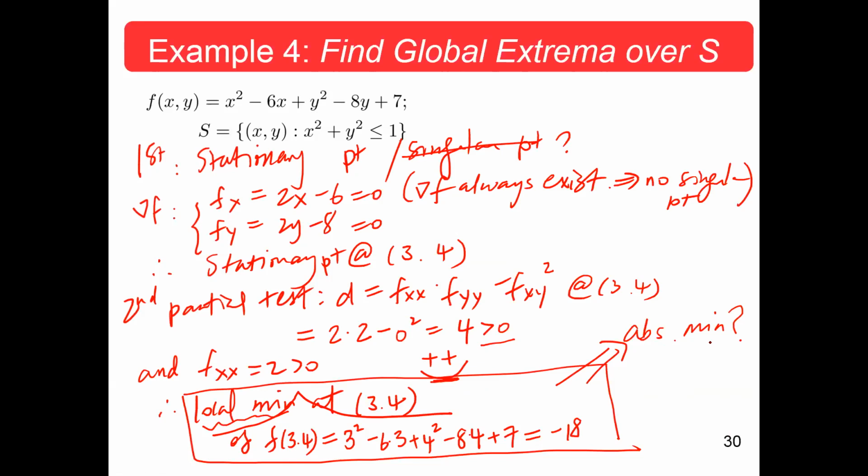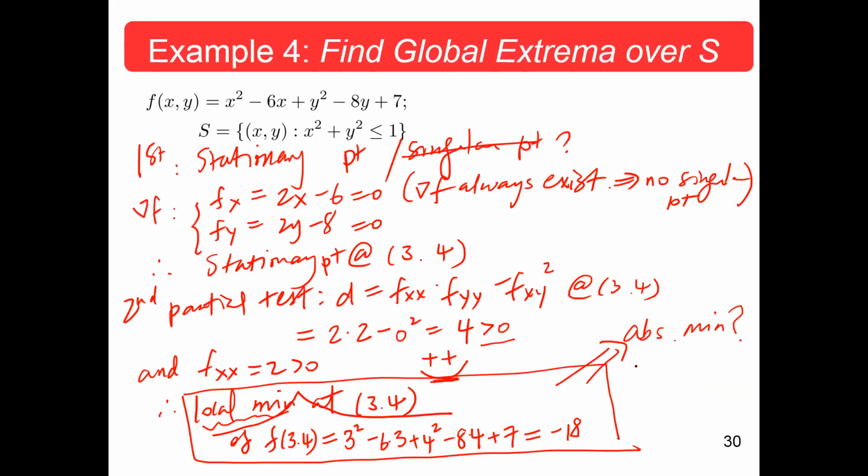Are there some other values we should compare this negative 18 with? Yes, we need to compare that with other values. Correct. What is the other value we should consider?